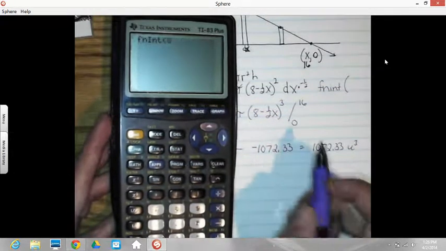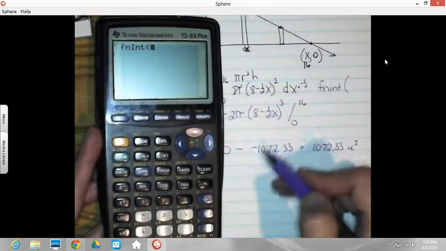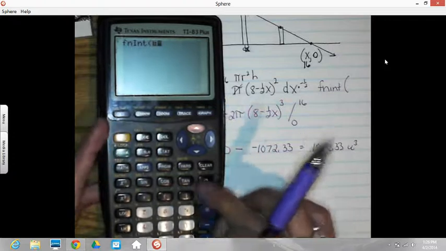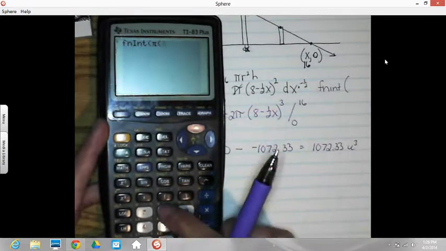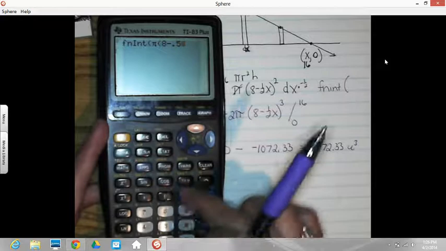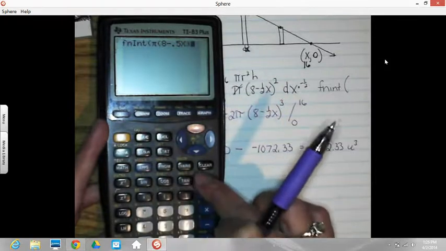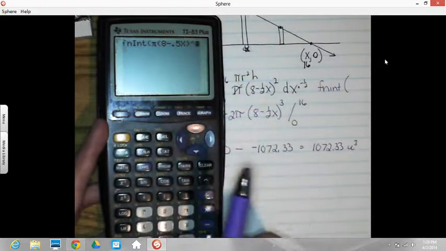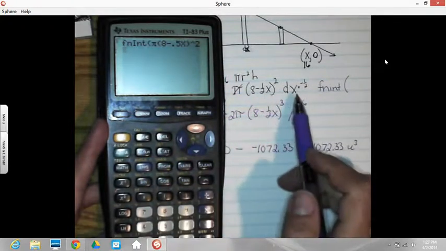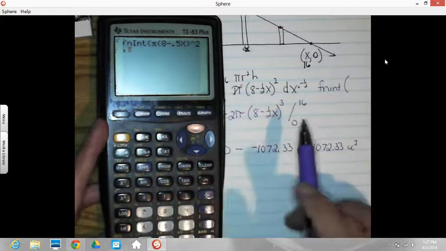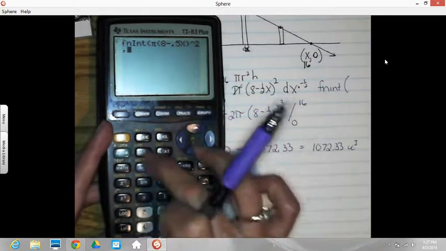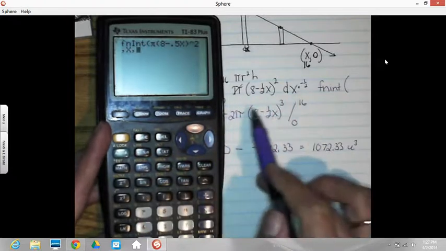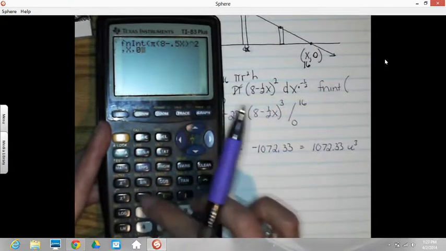Okay. Start with my original equation before I integrated it, because the calculator is going to do the integrating. I had a pi, parenthesis 8 minus 0.5 x raised to the second power. Comma, X. Always the letter you're using, and then the boundaries. 0 to 16.